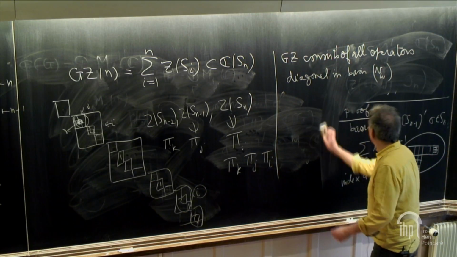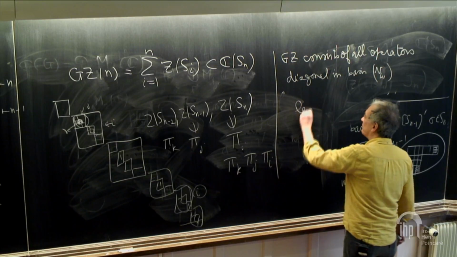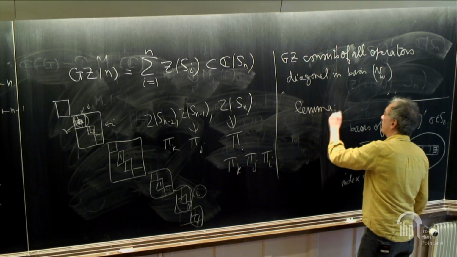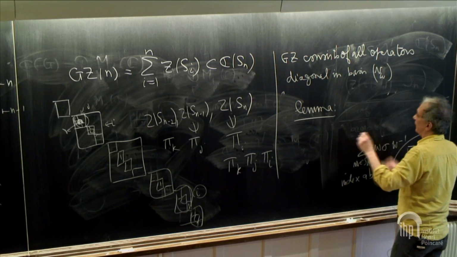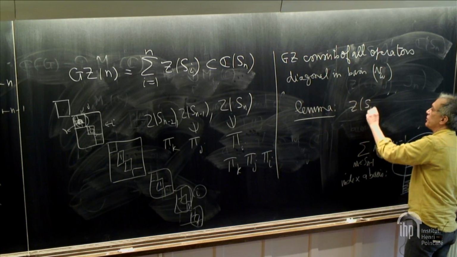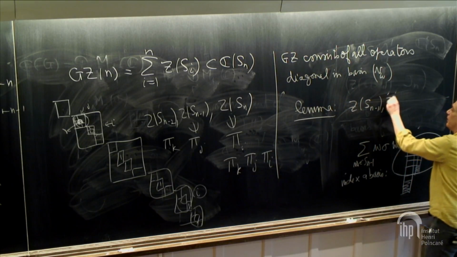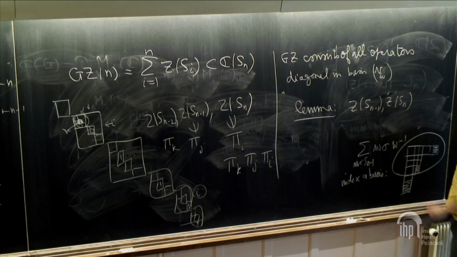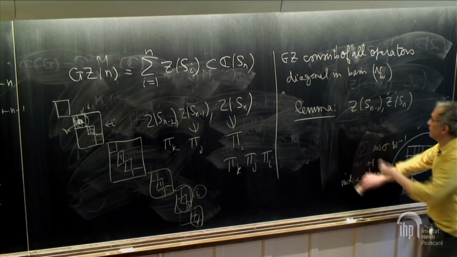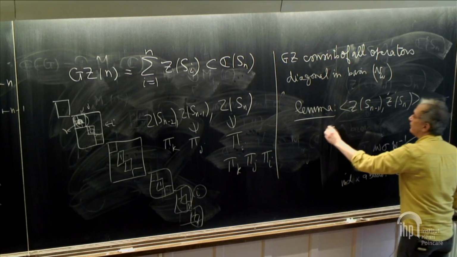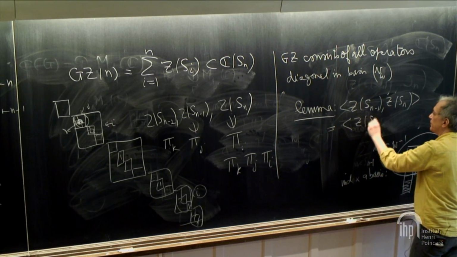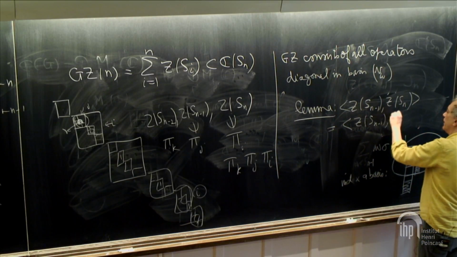Okay, so now there is a little lemma. The lemma is that the algebra generated by the center of Sn and the center of Sn minus 1 is the same as the algebra generated by the center of Sn minus 1 and Jn.